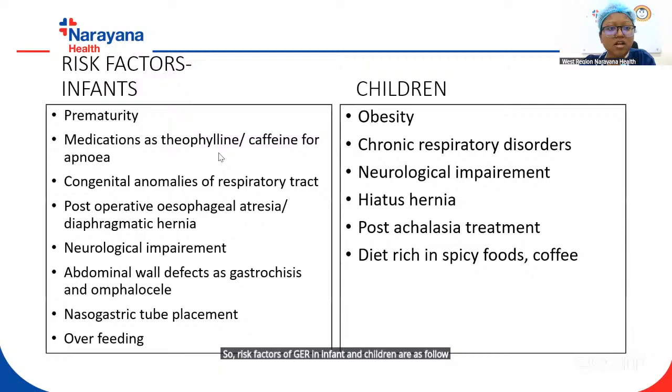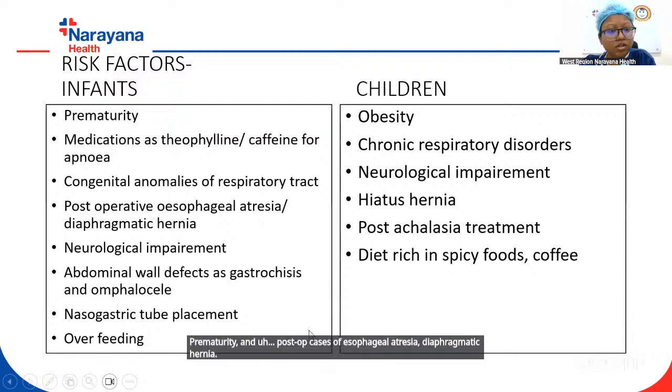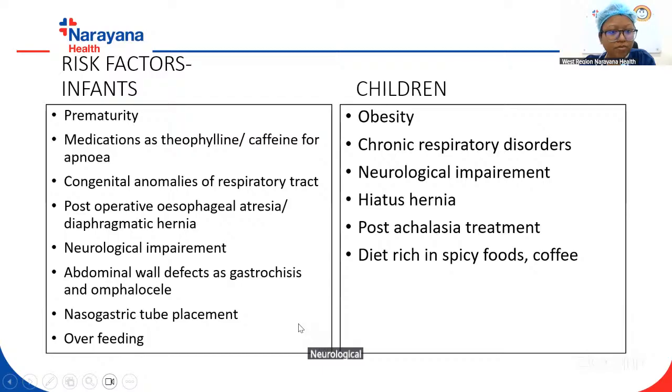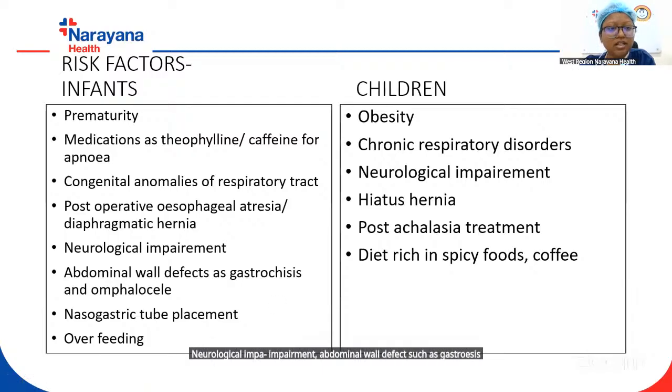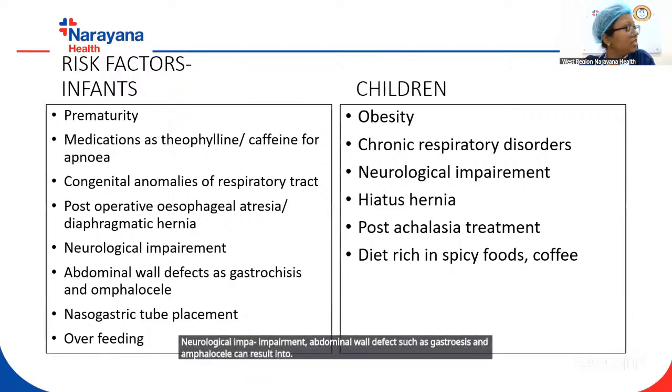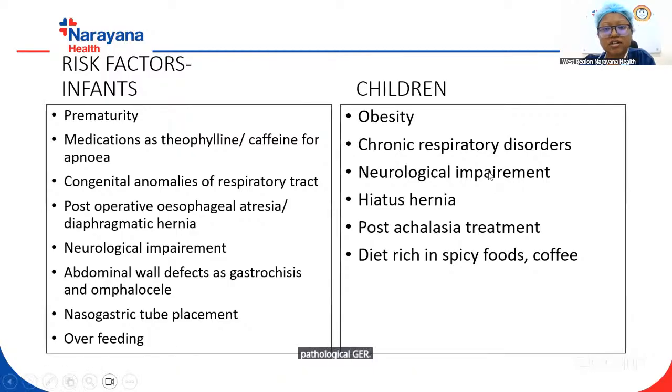In infants, prematurity and post-op cases of esophageal atresia, diaphragmatic hernia, neurological impairment, and abdominal wall defects such as gastroschisis and omphalocele can result in pathological GER. In children, neurological impairment, hiatus hernia, and post-anesthesia treatment result in GER.